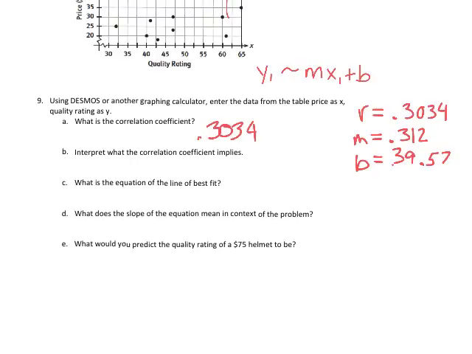It's positive. Okay, good. And then is this a strong or weak relationship if it's 0.3? That's pretty weak, right? The closer it is to 0, the weaker it is. So I would say this is a weak, positive relationship.